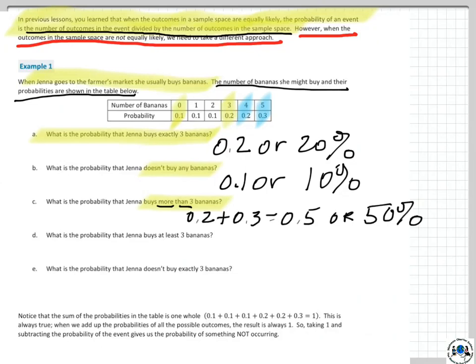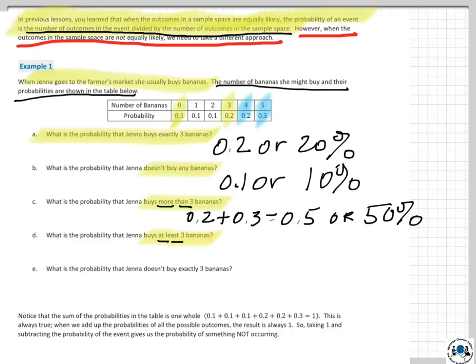This is somewhere where you might have tripped up. The probability that she buys more than 3 bananas is the sum of 4 and 5, because she could either buy 4 or buy 5 and still fill that criteria. So 0.2 plus 0.3 equals 0.5, 5/10 or 50%.